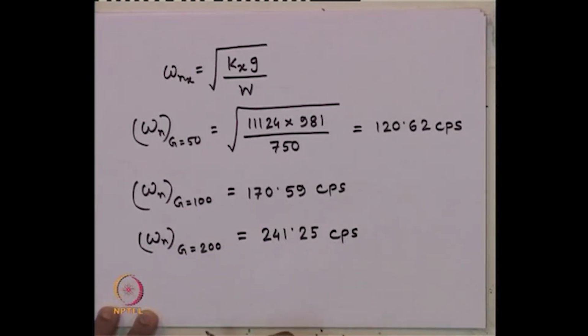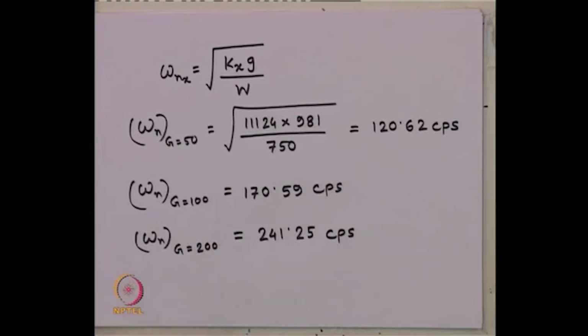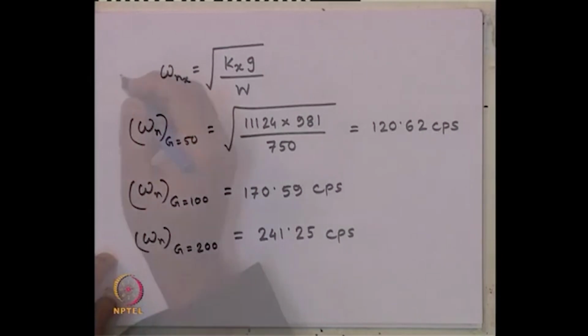So, after obtaining the natural frequency, now we are ready to compute the displacement amplitude for two types of cases, constant force type and rotating mass type. Now, let us start with constant force type excitation.